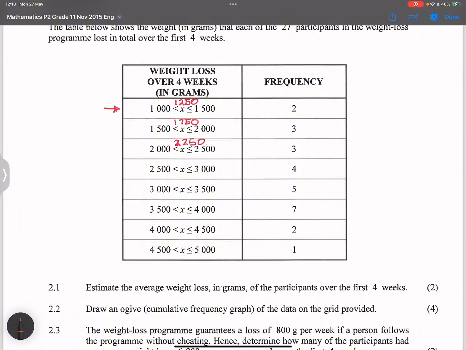This is going to be 2,750. I'm sure you can see 3,250. This is 3,750, 4,250, and 4,750. So these are all my midpoints of the values there.